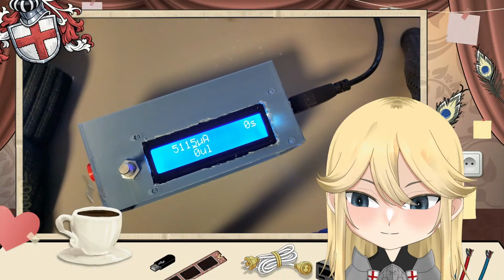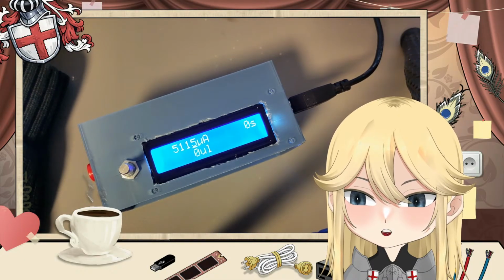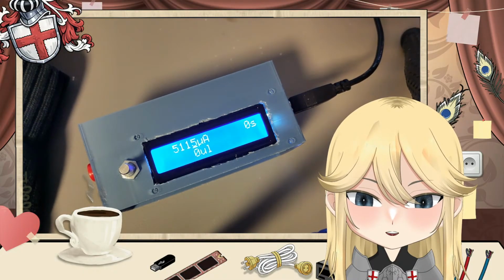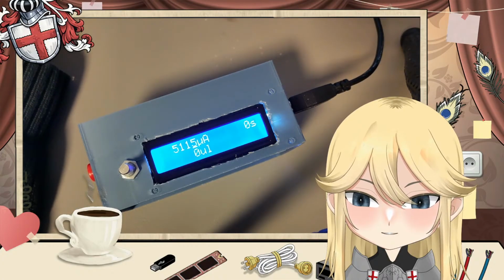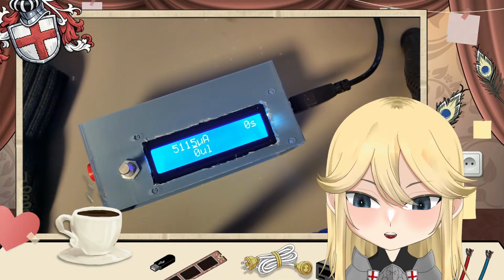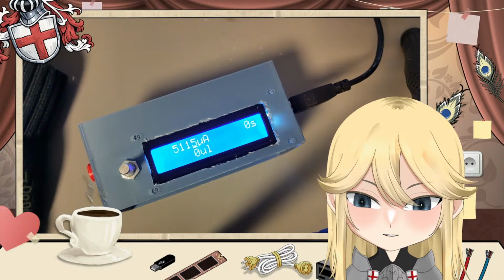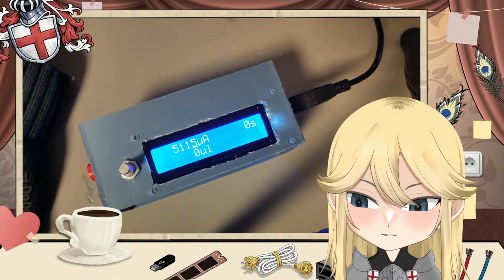Let's set the prescaler to something insane, like 128, so 3, 4. Where is the A? Yes.